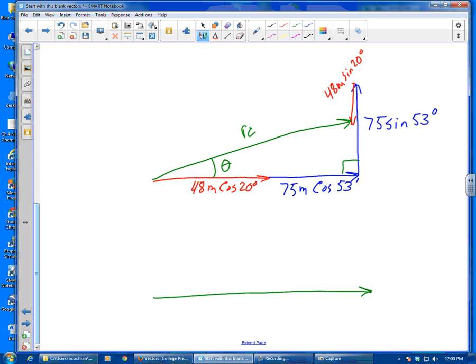That length is going to be the red 48 cosine 20 plus 75 meters cosine 53. So I'm going to do that, 48 cosine 20 plus 75 cosine 53, and I get 90.2414 meters. I have more digits, but I'm just keeping them in my calculator.